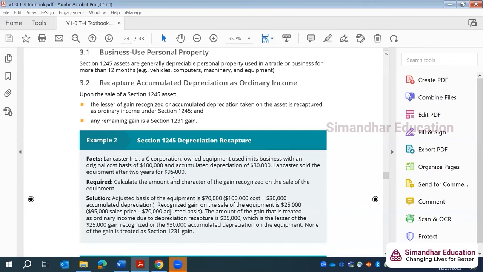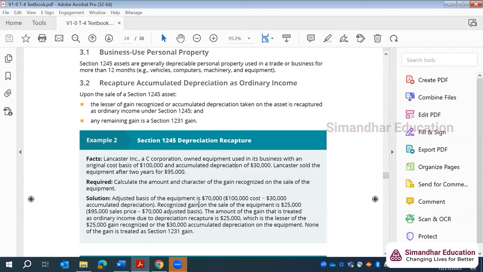That's the reason, even though you're selling the equipment for $95,000, you still have a gain of $25,000. Okay. So this $25,000 is going to be your section 1245 gain, and you will have to treat this as ordinary.